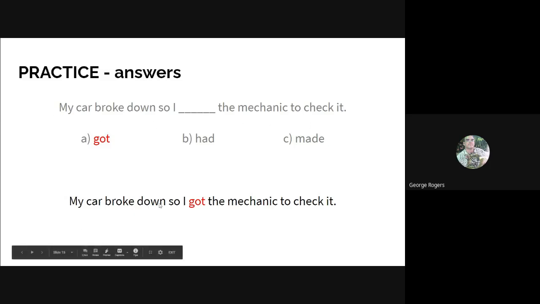My car broke down, so I had the mechanic check it. Again, no "to" if you were using had, but as is, because we have the "to," got is the only correct answer there. Let's look at number 2.